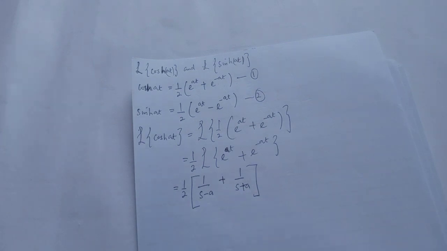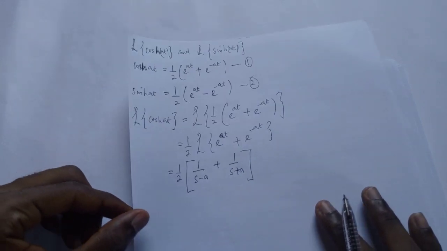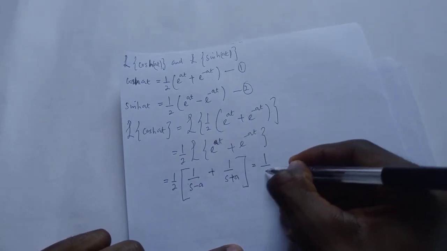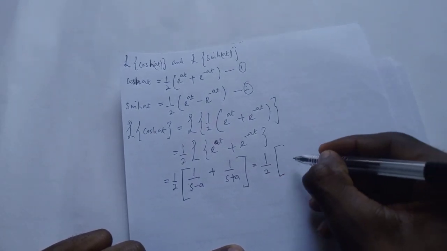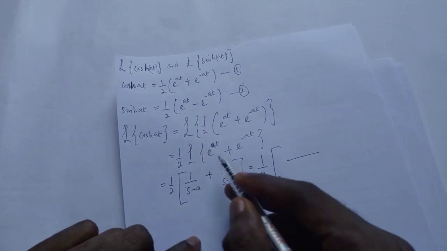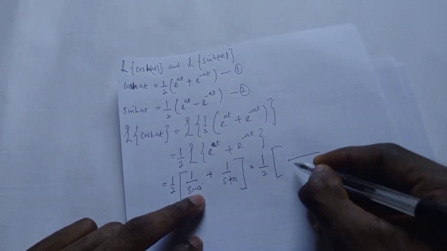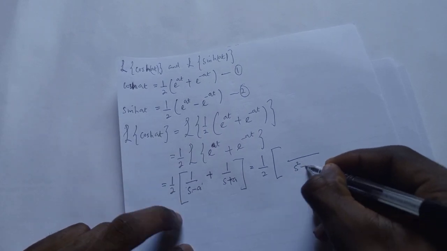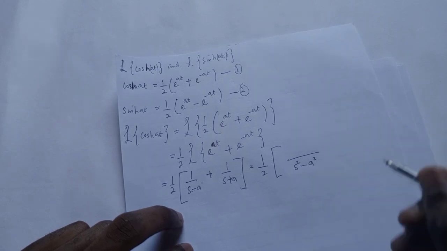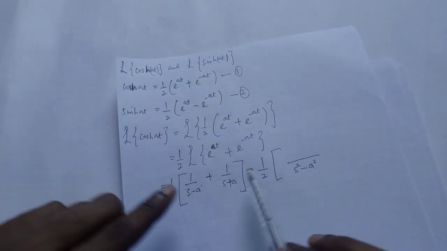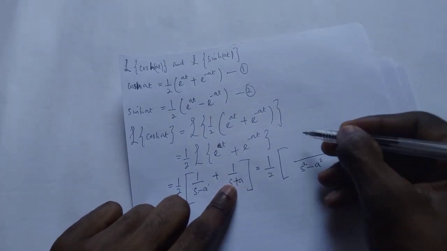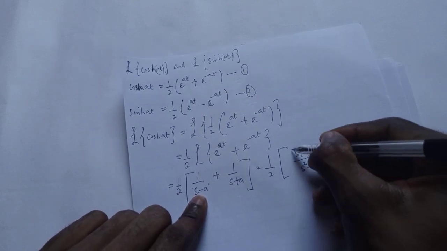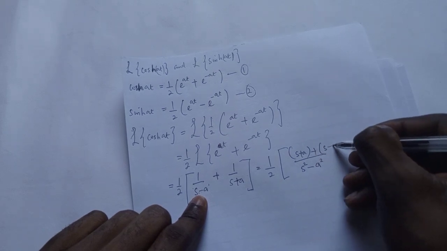Okay, so on that note, we are going to add the two functions. So if you add the two functions, we have 1 over 2 into, using difference of two squares, s squared minus a squared. Okay, so by addition I have s plus a plus s minus a.